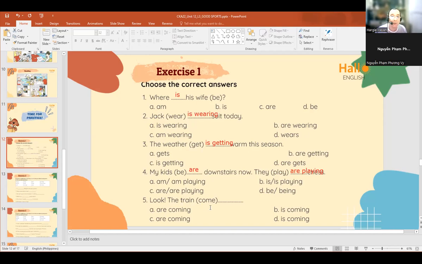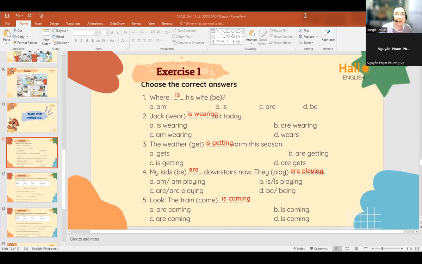So we're talking only of one train. So it's going to be is. So we have, actually it could be B or D, right? But the correct answer in there is coming. So the train is coming because we're talking about only one train. Okay, do you have questions with this? No. Let's proceed with the other one.